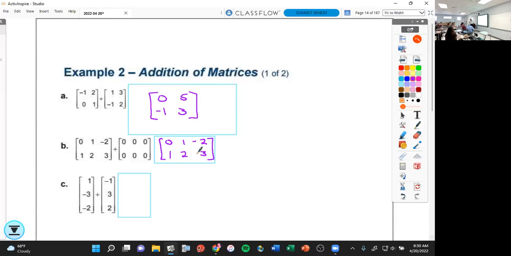Can we do part C? Can we add those? Yes. What do we get? Which makes, in part C, these two matrices additive inverses of one another.